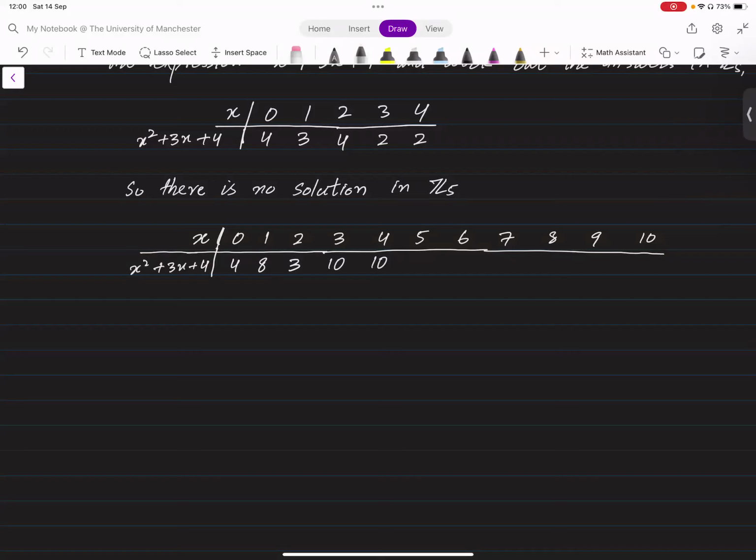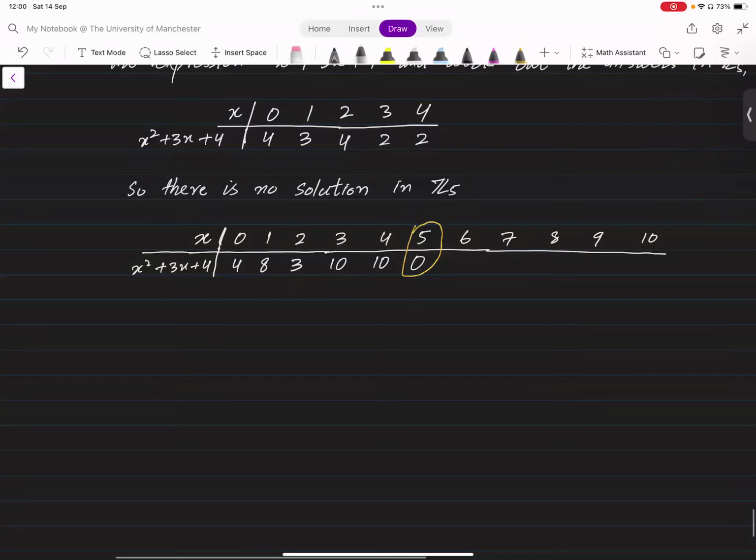Okay. Now, 5. 25 plus 15 is 40, plus 4 is 44. And if you divide it by 11, you will get 0. So here we go. I have a doubt on 3, but 5 is certainly a solution in Z11 for this equation.